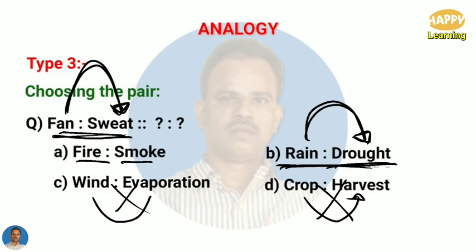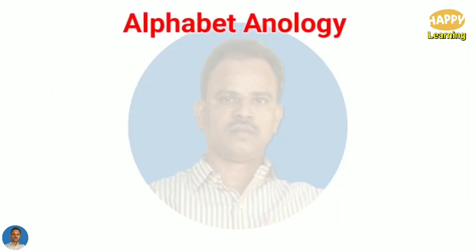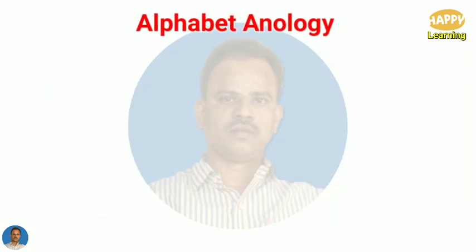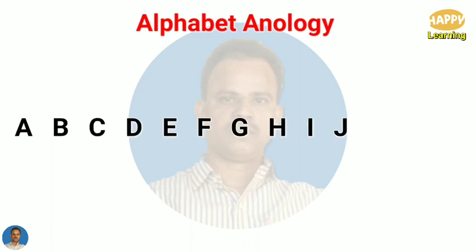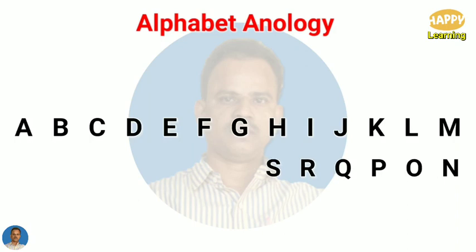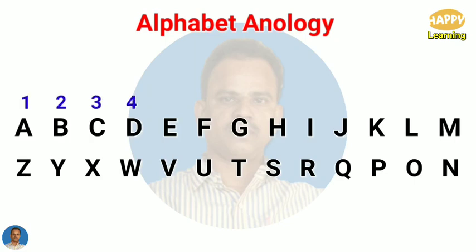Okay. Next, alphabet analogy. The English alphabets A, B, C, D, E, F, G, H, I, J, K, L, M, N, O, P, Q, R, S, T, U, V, W, X, Y, Z. Let us give coding to these alphabets.